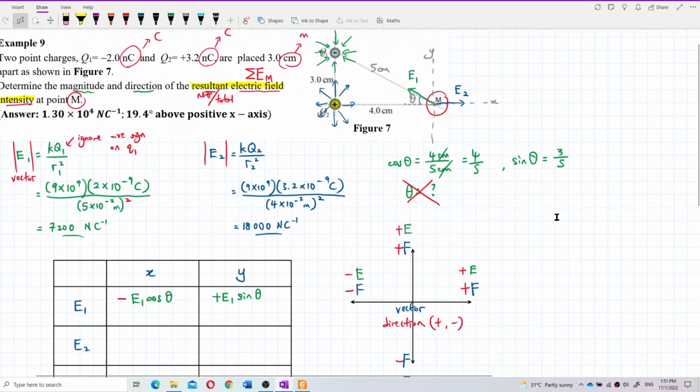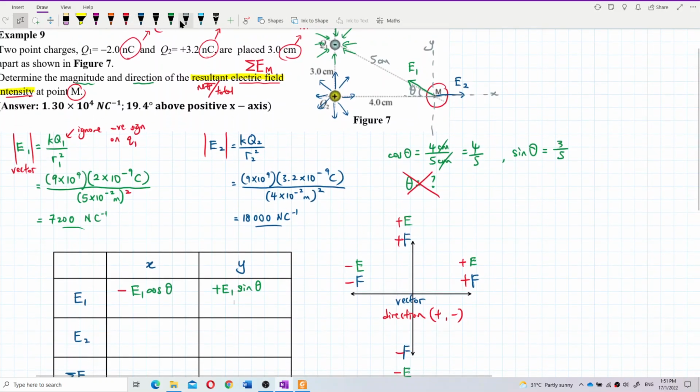Now I can find it already. I can write it as negative. What is E1? E1 is 7200 multiplied by cosine theta, which is 4 over 5.